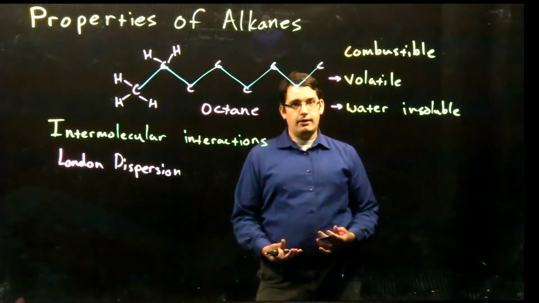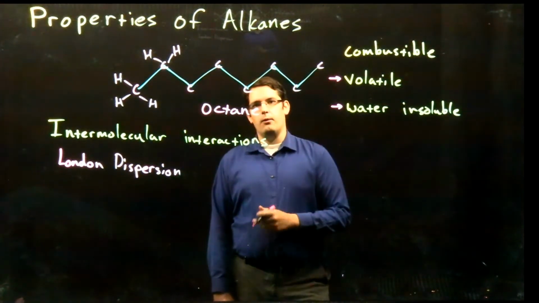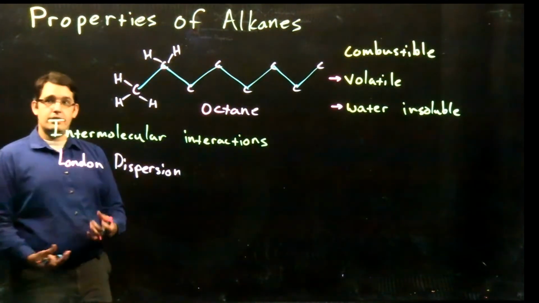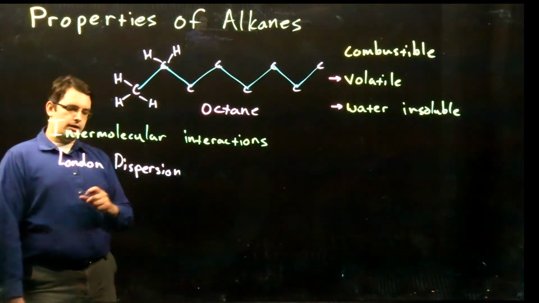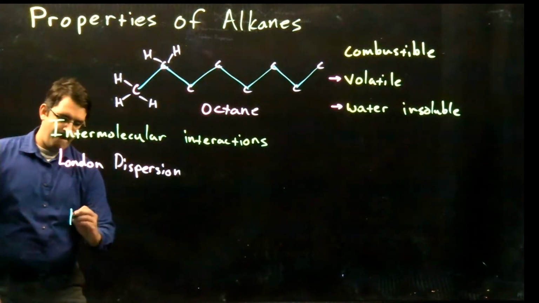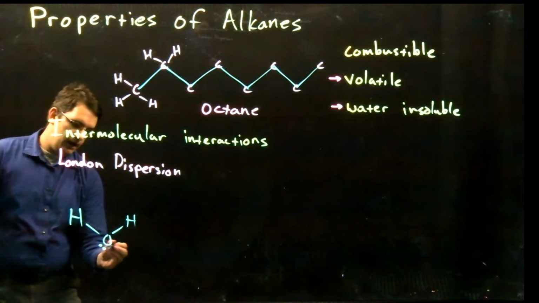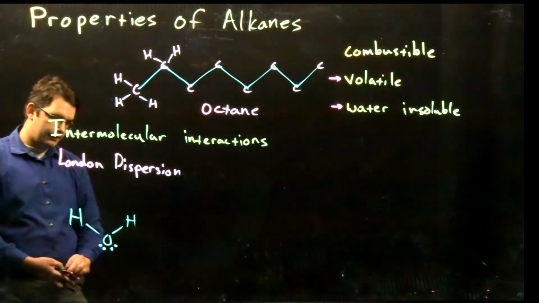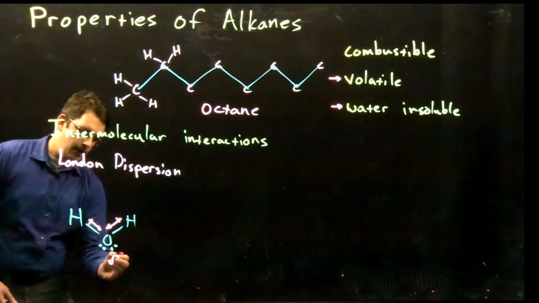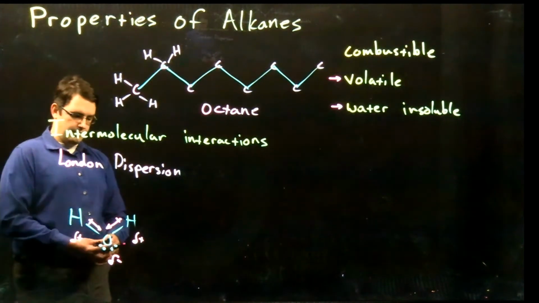Our next key feature for our alkanes also relates to our intermolecular interactions. So this is our water solubility. So as we said, our alkanes have London dispersion or van der Waals interactions between our carbon and hydrogen atoms, whereas water, of course, has our H2O, our oxygen with its lone pairs and high electronegativity, which means that we pull electron density towards our oxygen and create strong bond dipoles within our water molecule.